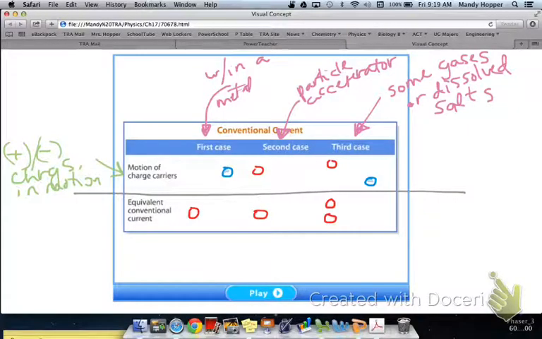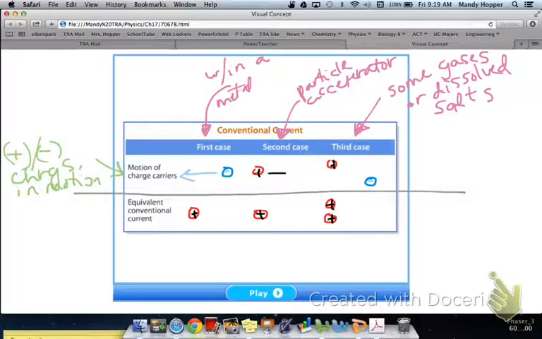So the motion of the charge carriers is moving from what appears to be the right side and goes to the left. In the second case, which is a particle accelerator, they're showing you the positive charge there. Okay, all of these are positive charges.